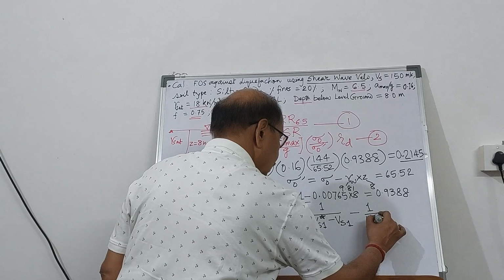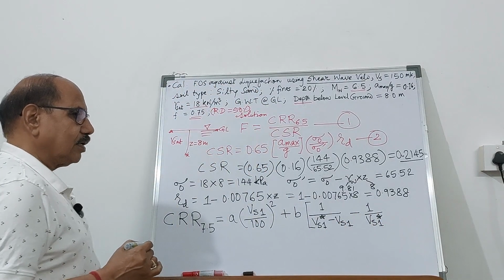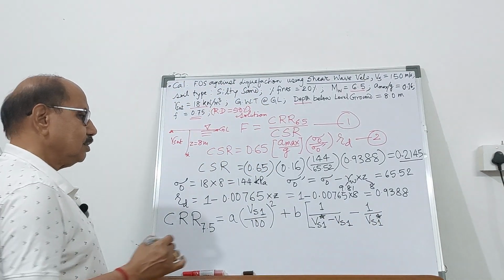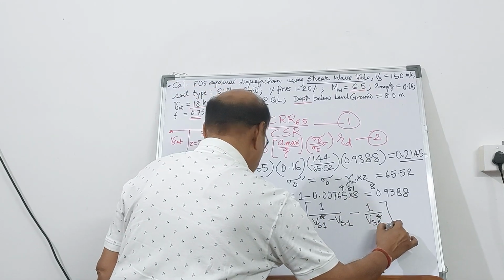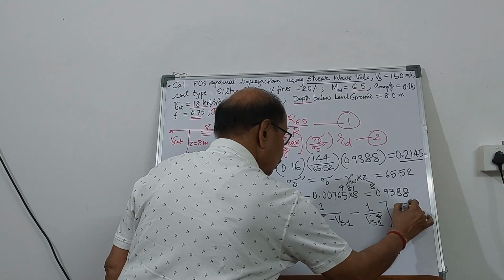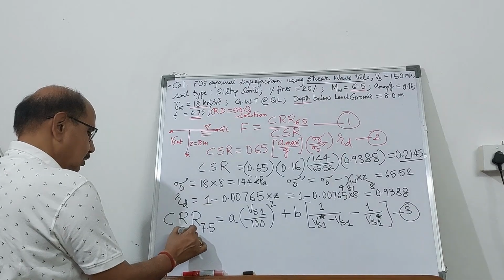So this is the formula that you need to use for calculating CRR 7.5.